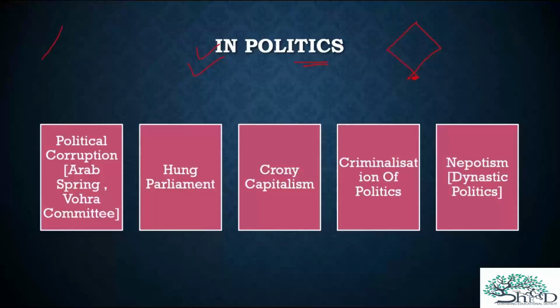Basically every other corruption flows from political corruption, like black money in funding, hung parliament, then it leads to horse trading, then crony capitalism. So political corruption leads to every other corruption. Vohra Committee said, you can quote this.